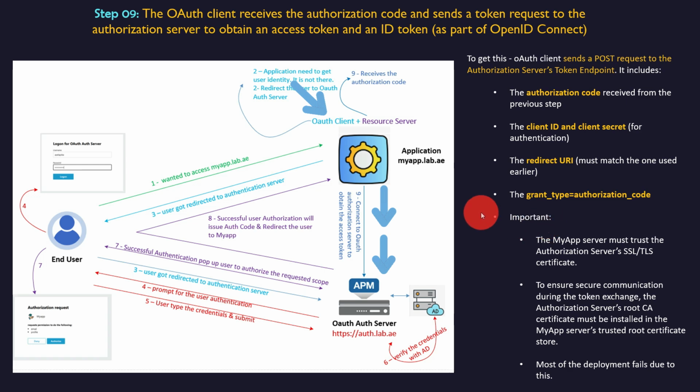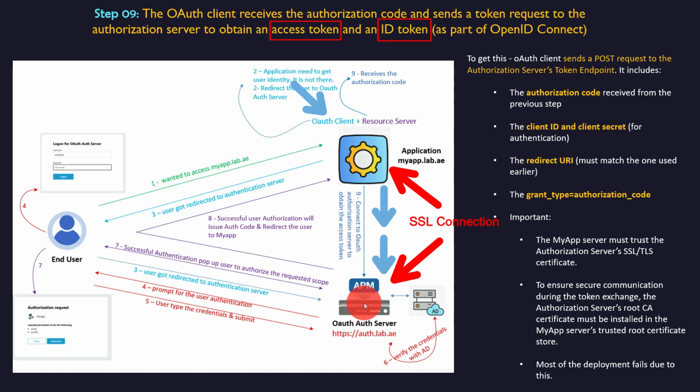As you know, the OAuth client connects directly to the OAuth Authorization Server using the back channel. The purpose of this connection is to obtain the access token and ID token. So this connection must be secure. For the security, we use SSL communication between the OAuth client and the OAuth Authorization Server.